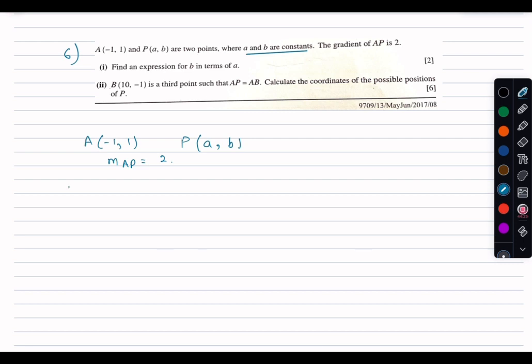So this part 1 is not going to be difficult. They have given us the gradient of AP, and we know that this should be yp minus ya divided by xp minus xa. Substituting the values, it's 2, which will be equal to b minus 1 divided by a minus minus 1, which we should say is b minus 1 divided by a plus 1.